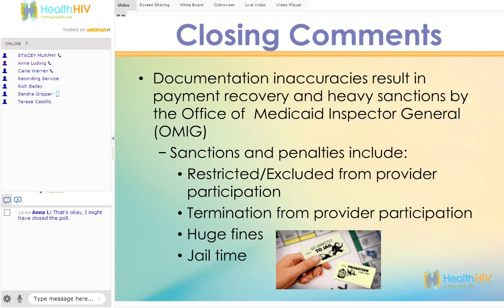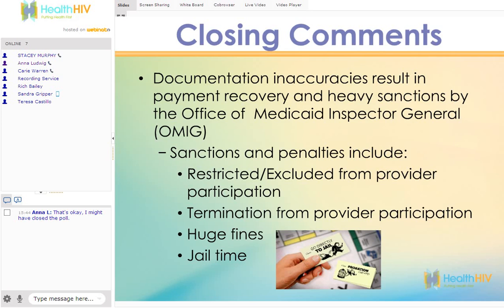You don't want to deviate and tamper with your documentation based on the patient's insurance type. Document consistently across the board so that there is no ambiguity or any room for anyone to come in and say, well, you document this way for this kind of patient and you document a totally different way for another patient type. Make sure it's consistent across the board.